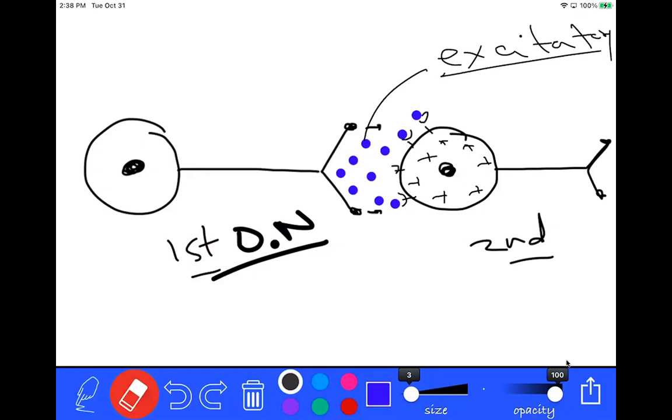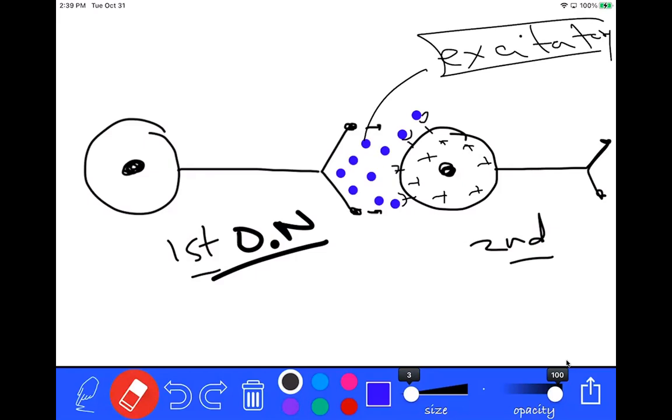neurotransmitter. Why? Because the release of this neurotransmitter led to activation of the second neuron, the following neuron. This scenario is an excitatory scenario.